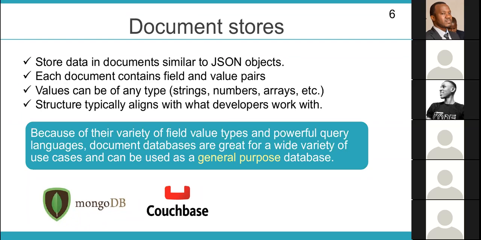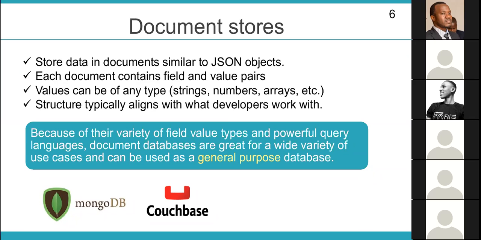So because of their variety of field value types and powerful query languages, document databases are great for a wide variety of use cases. They can generally be classified as general purpose NoSQL databases, because of the way they are created, the fact that they take on that document structure that is typical in any programming language.